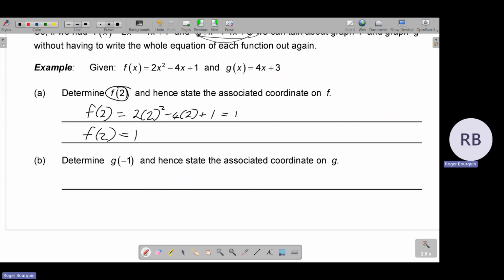Yes. 2 and 1 is the point on that graph, right? On graph f, whatever that happens to be, when the x coordinate is 2, the y coordinate that goes with it is 1. Okay, that's what I mean, guys, by the associated coordinates.